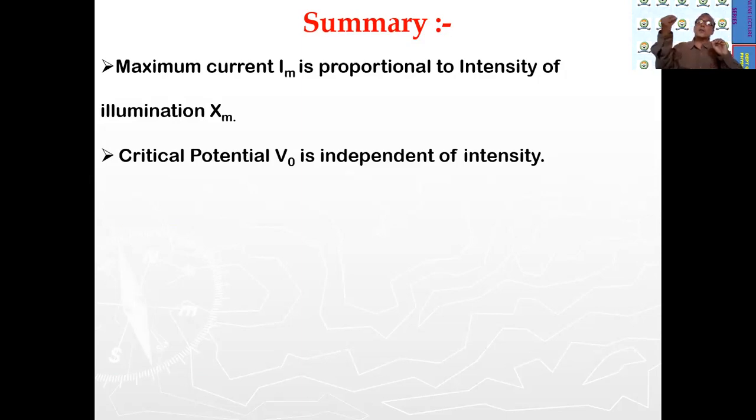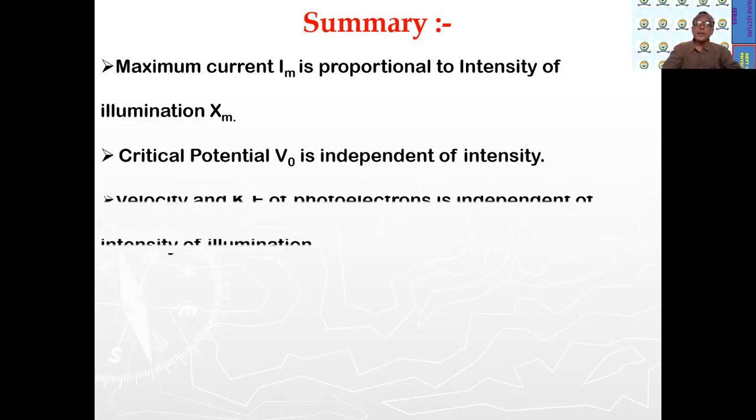If the intensity of the light falling on the cathode is more or less, it is immaterial to the critical potential V0. That means V0 is not proportional to x1, x2, x3 and so on; it is independent of that.